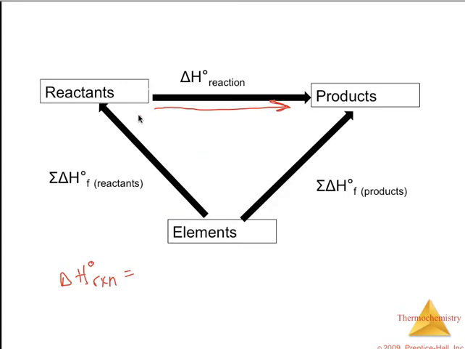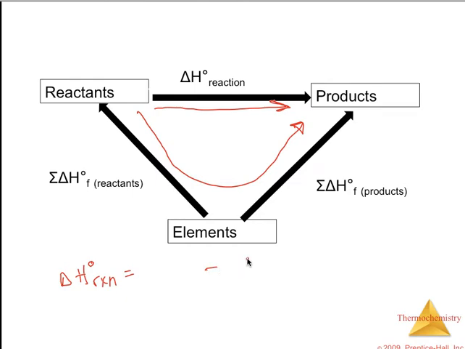I can get from reactants to products by also going this way. The arrow represents just the direction. So when I go from reactants to elements, the delta H actually becomes negative.